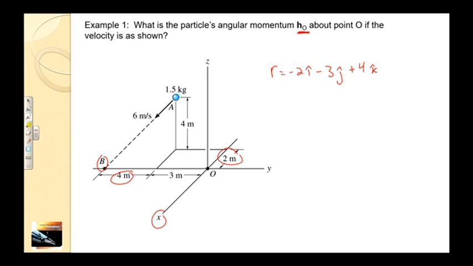R cross mv. My mass is 1.5. I'm going to pull that out front. My cross product for R: i, j, k; minus 2, minus 3, plus 4. Cross with v, which I've got as 2, minus 4, minus 4.